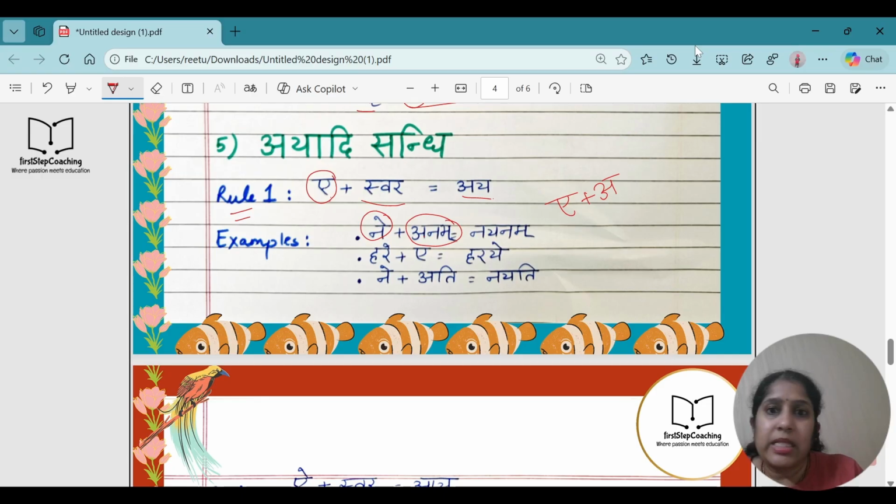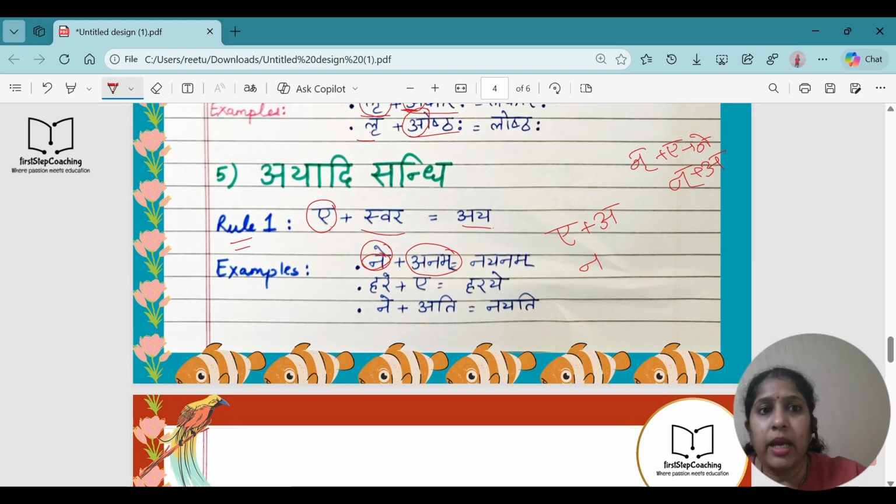And then the same thing will happen in this case. Na, this A will change to a only, and this na plus a, because na plus a was there, then only it became ne, right? Correct? So same way, a changes to a. So na plus a will become just na.